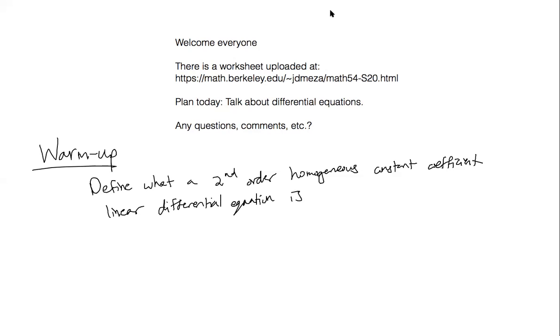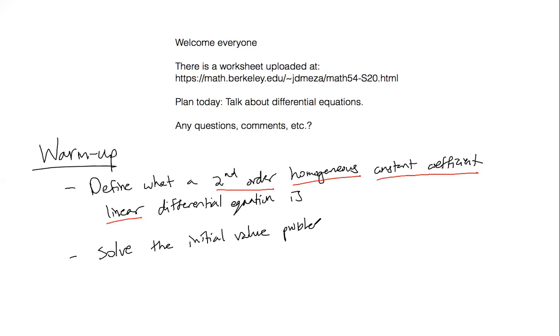So let's see if we can understand what each term means. Okay, so why don't you work on that, and then also, as another warm-up, solve the initial value problem: y prime minus ky equals 0, or plus ky equals 0, with y of 0 equals 5.